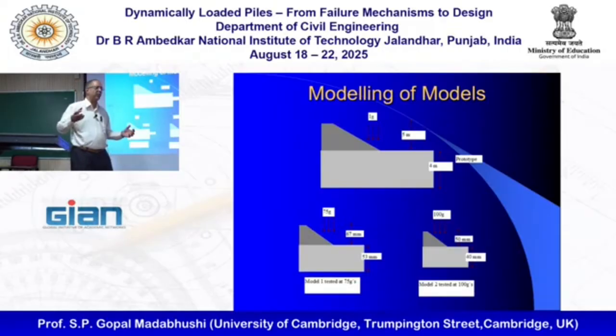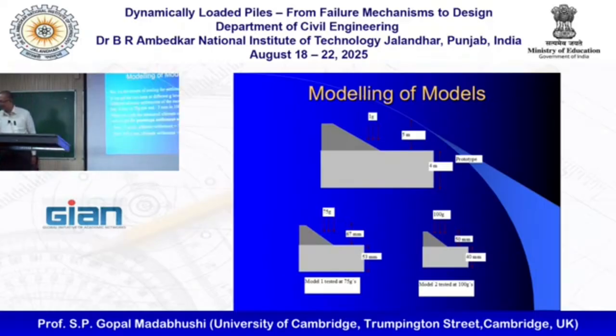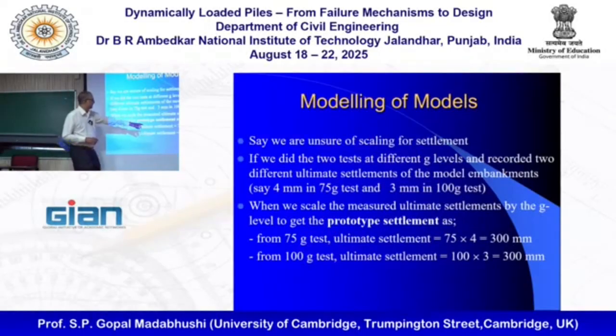And this is what is called modeling of models. And that is another nice thing to know. So here are some numbers. At 100 G, 3 millimeters will give you 300 millimeters, whereas the 75 G one will give you more settlement, 4 millimeters, multiplied by 75 to give you the same 300.